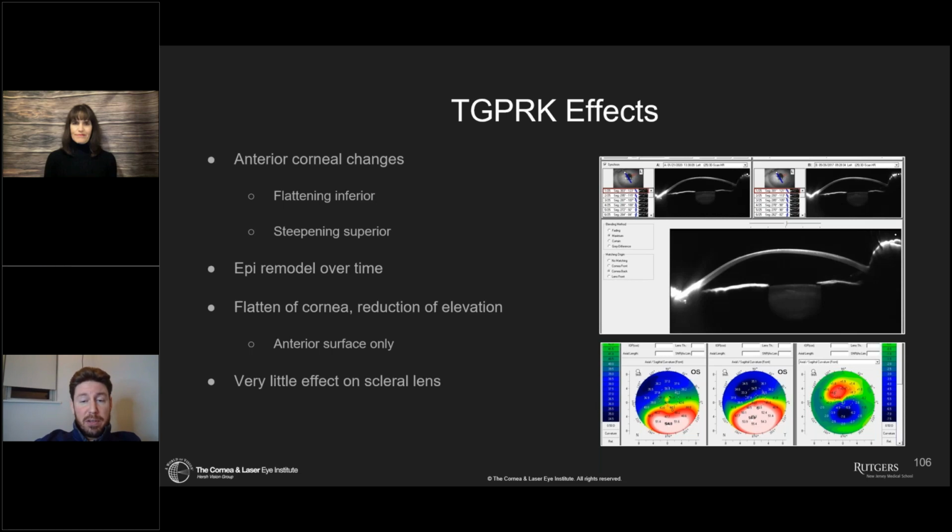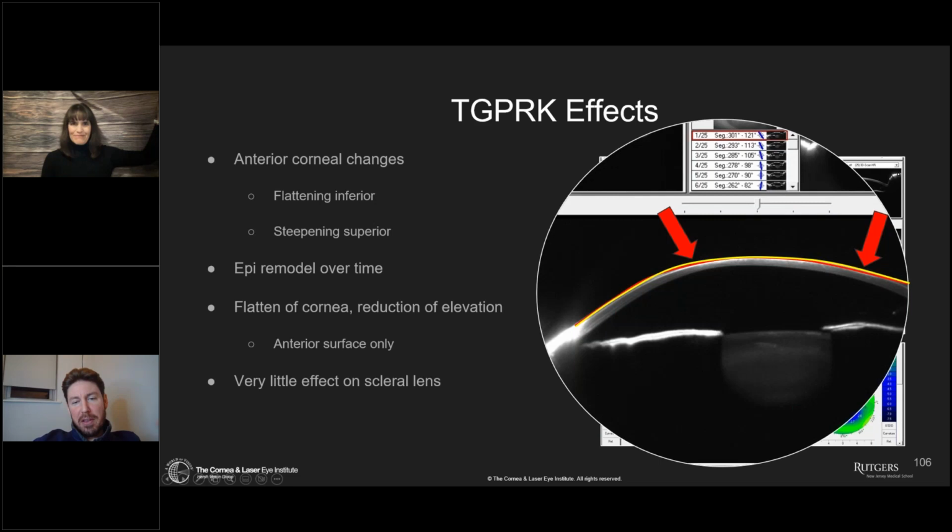This will have very little effect on your scleral lens fitting, but it will have significant effect on any contact lens that will rest on the cornea. So after topography guided PRK, GPs, hybrids, and soft lenses would all need to be refit. Scleral lenses, not necessarily. You might need to change the power, but because you're only removing like 40 microns, it's unlikely that you're going to change things there.